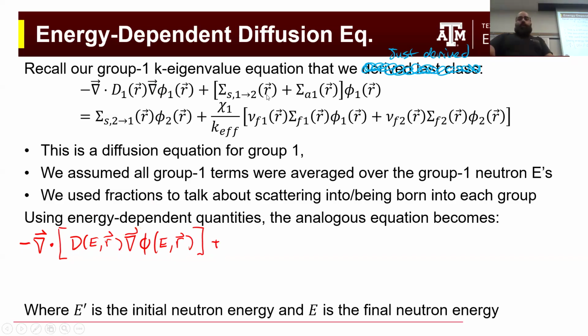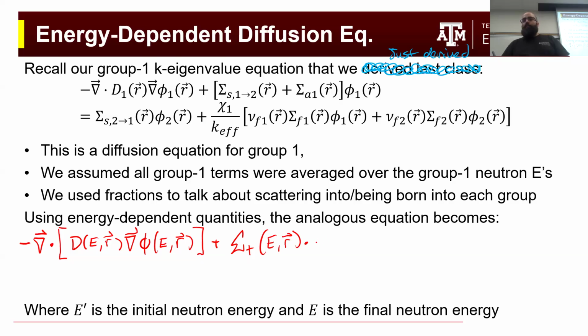And in our one group equation, we had a sigma S and a sigma A, and these represented losses of my group one neutrons that were either being lost because they scattered out of our group or because they were absorbed while in that group. And if I lump these two things together, then my sigma S plus my sigma A is going to give me a sigma T. So this corresponding term in my energy dependent diffusion equation is going to look like a sigma T, which could vary with energy and with position.